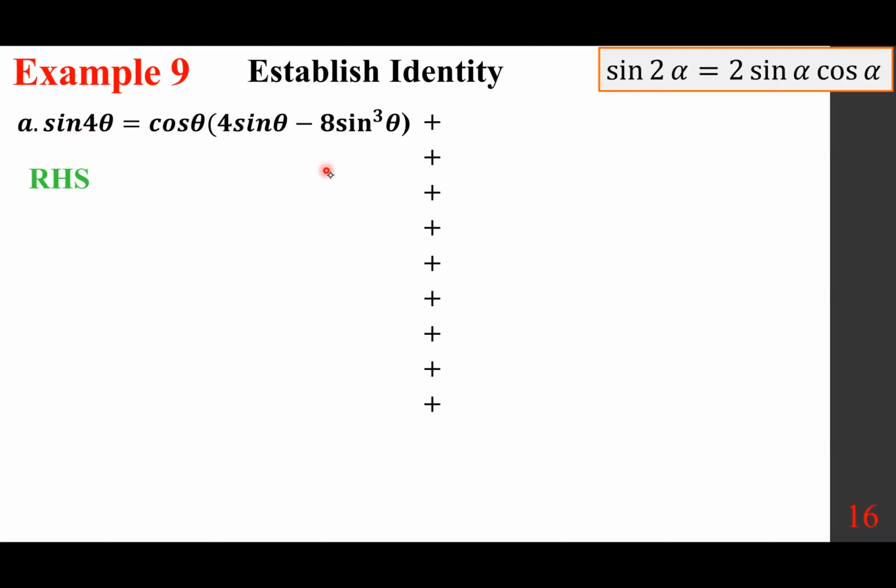So if we start with the right-hand side, we don't even have to distribute. We notice that this one has a 4 sine theta in common. So from the parentheses, we take the 4 sine theta out, and we get 1 minus 2 sine squared. So over here, take the common factor of 4 sine theta out.